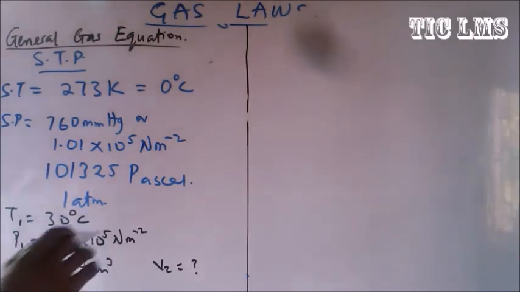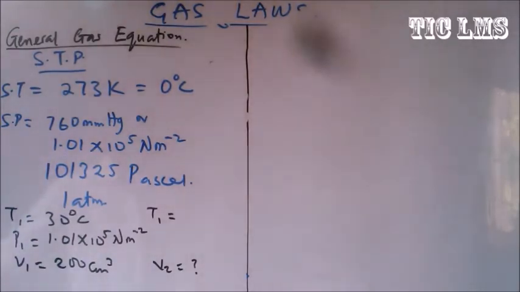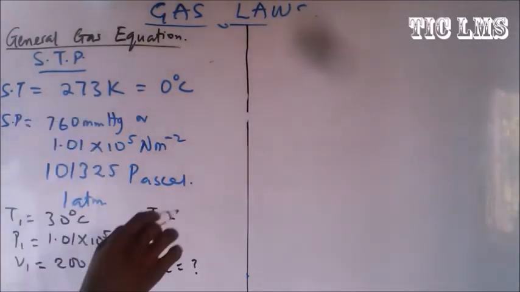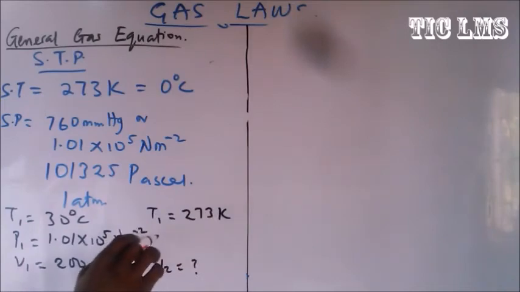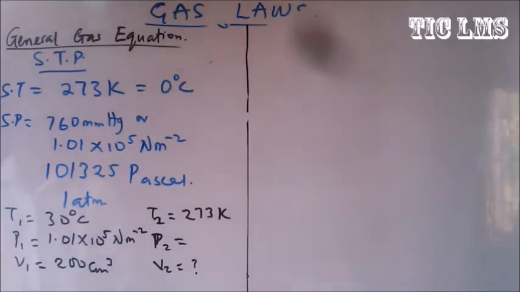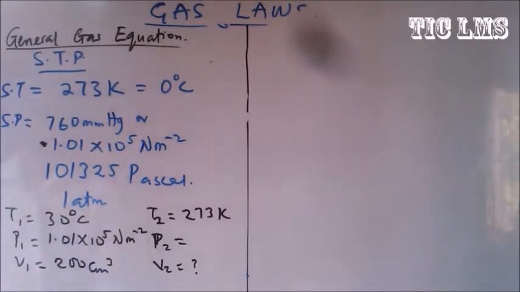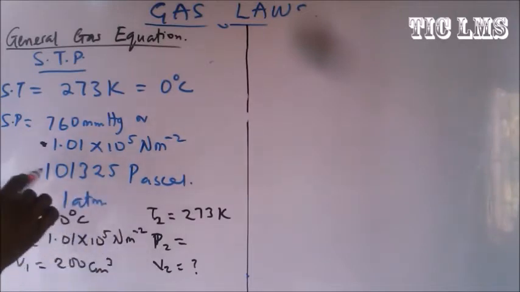So the standard temperature there means that we have to use the temperature which is standard. The standard temperature here is 273 Kelvin, so this is going to be T2, and then this is going to be P2. So the standard pressure that we'll make use of here, we will not use this, rather we will use this, because the pressure we're given here is in Newton per square meter. If we're given our initial pressure in Pascal, then we're going to make use of this standard pressure.